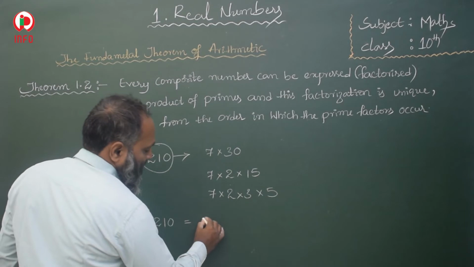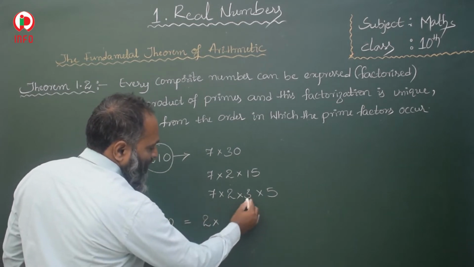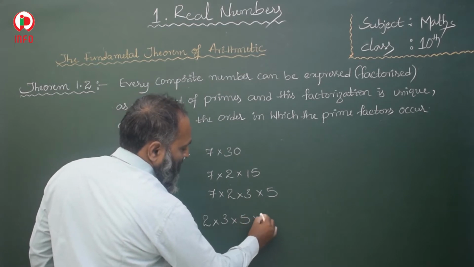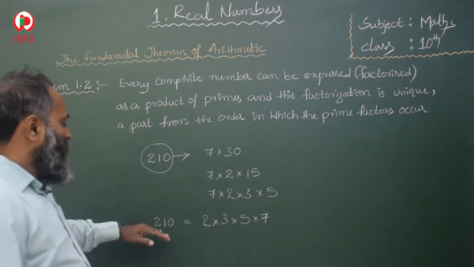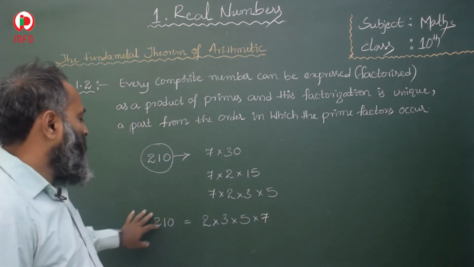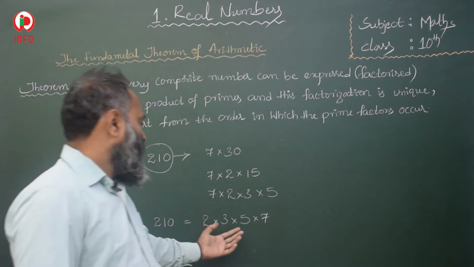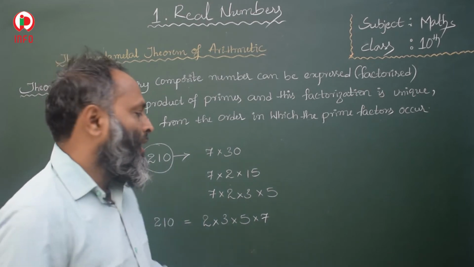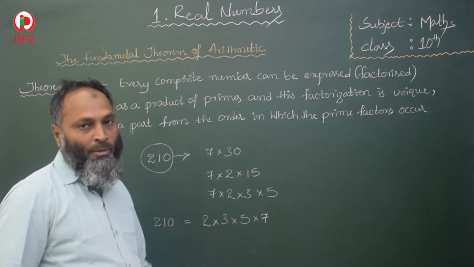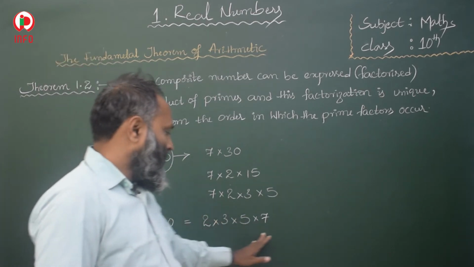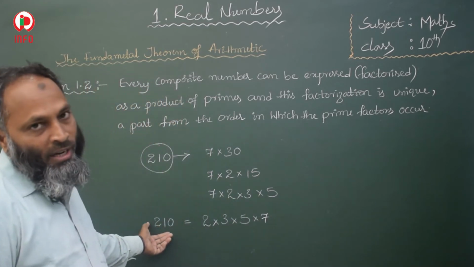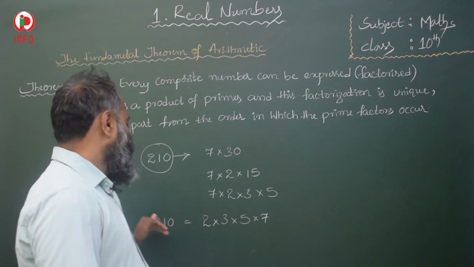First we write the smaller number, and after that 3, then 5, then 7. So this composite number 210 we can express as a product of prime numbers, and this product is unique for 210 only.